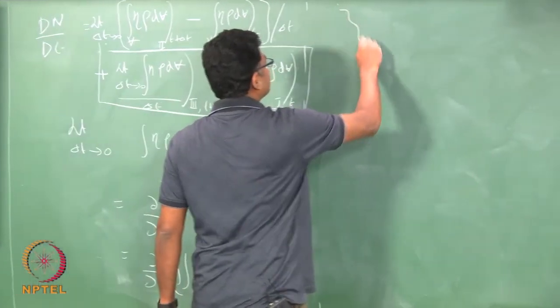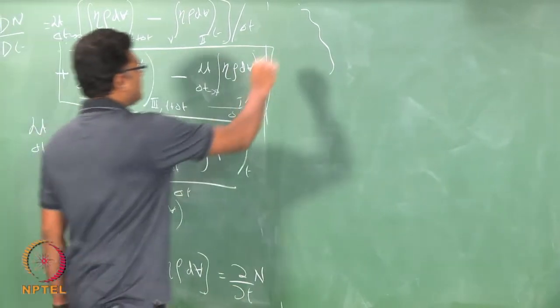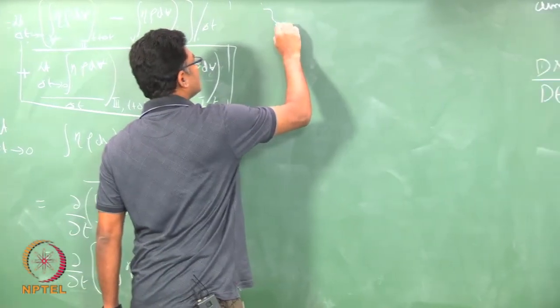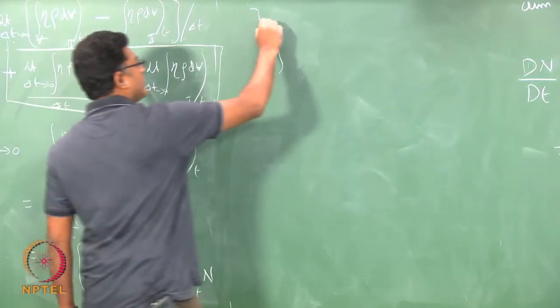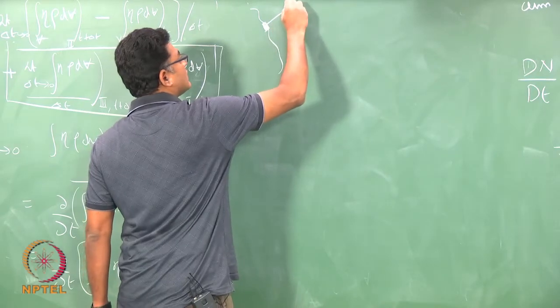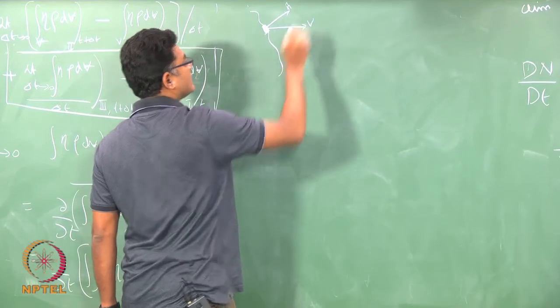So, let us take the arbitrary surface we have already taken, and take a small area. The normal to the area is in this direction and the velocity vector is in some other direction.